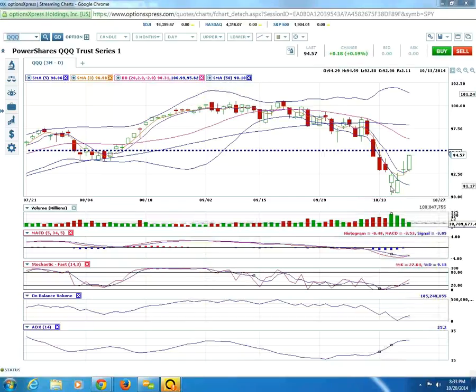So as we look at this, back up near the band, but it was still outside the band. One thing that we know is a long shadow at a bottom, or formation of a hammer, you look for a retest of that low. It might not happen every time, but a lot of times you look for a retest of the low.